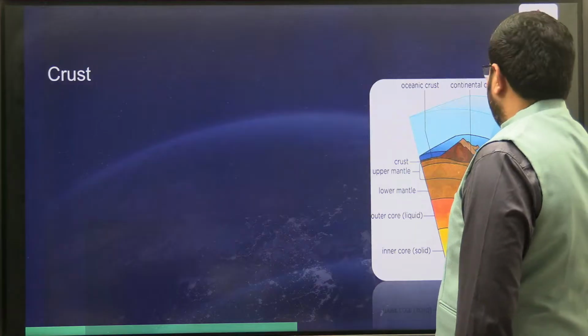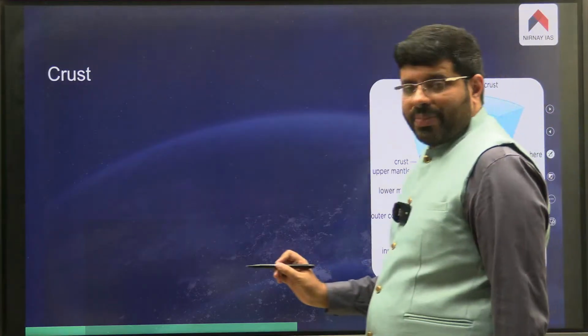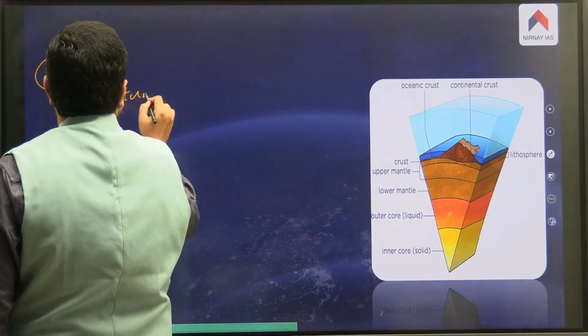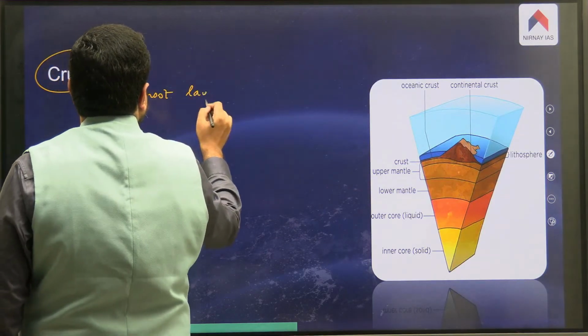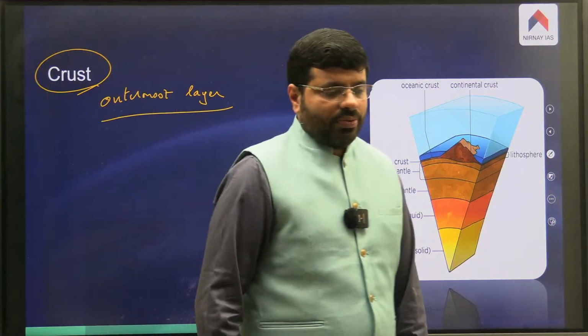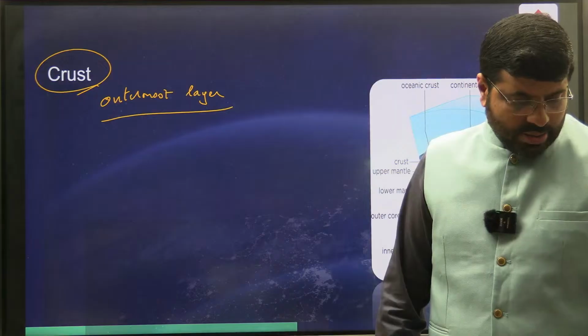That first layer is what we call the crust, the outermost layer. The outermost layer of the earth's surface is what we call the crust.